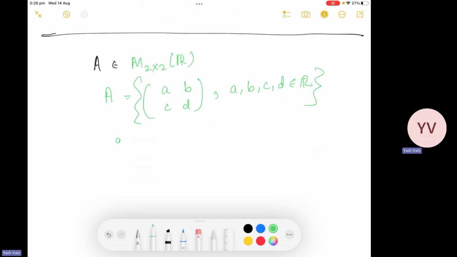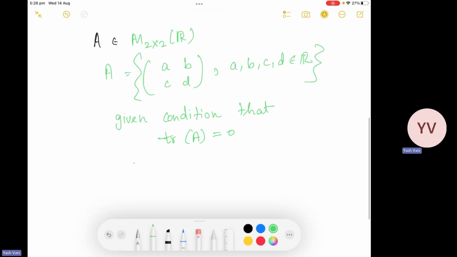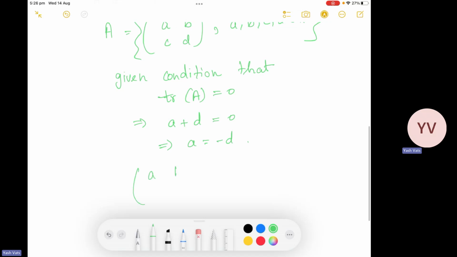And this is a given condition that trace of A is 0. So it implies that a plus d is 0. It implies that a is minus d. So we have this type of thing, [a, b; c, -a], where a, b, c are in R.